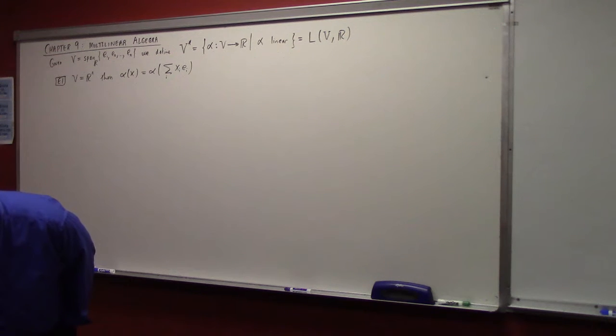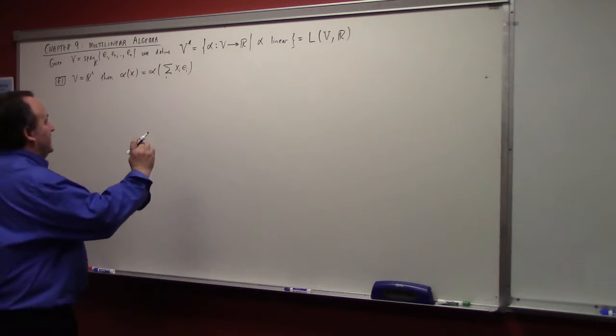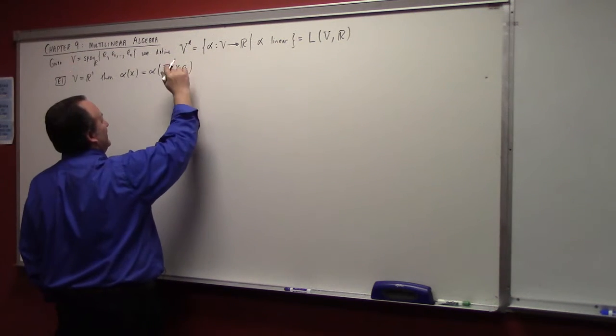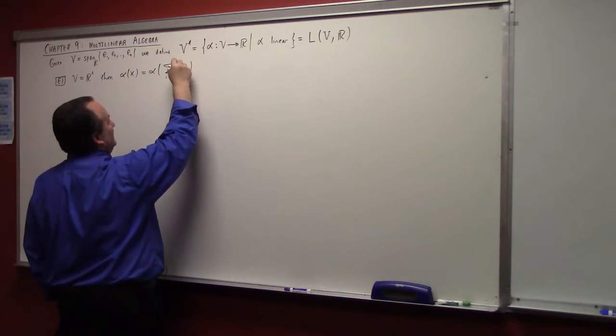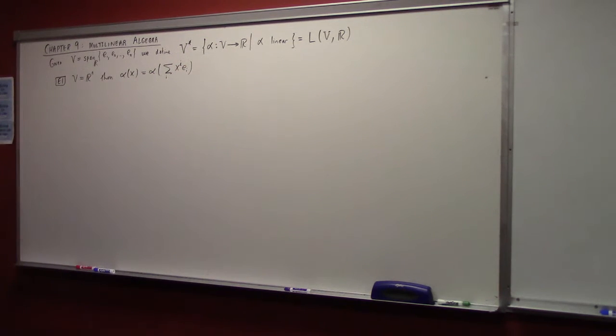I may soon start to have to care about the location of indices here. Yeah, okay, I'm going to start caring. So I'm going to start imposing the convention that we write the coordinates up like this, in order to, well, you'll see.